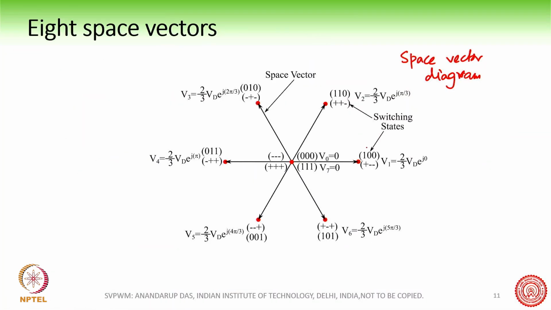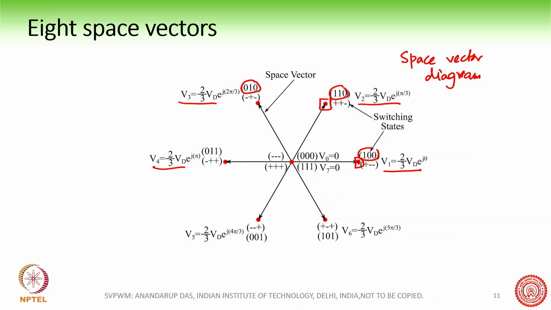And you can see here, these are the switching combinations 1 0 0 or 1 1 0 or 0 1 0, and the resultants V1, V2, V3, V4, all these resultants are now plotted. And this is the tip of the space vector when you have the 1 0 0 combination or 1 1 0 combination.